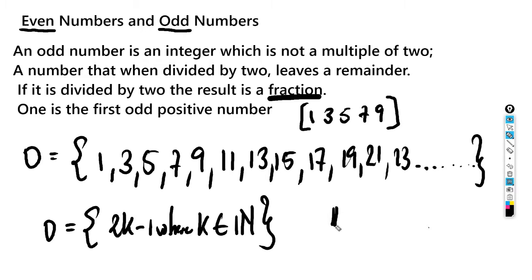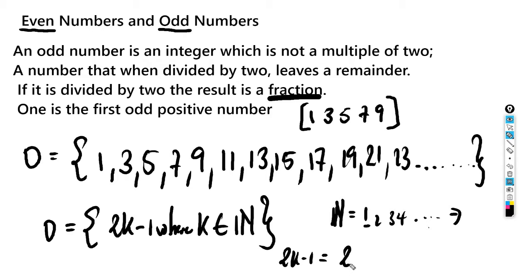Remember, the natural number set is equal to 1, 2, 3, 4, all the way up, right? All the counting numbers. So let's try to see if we can find the first number in the odd number set. It would be 2k minus 1, right? And for the first one, k would be 1.